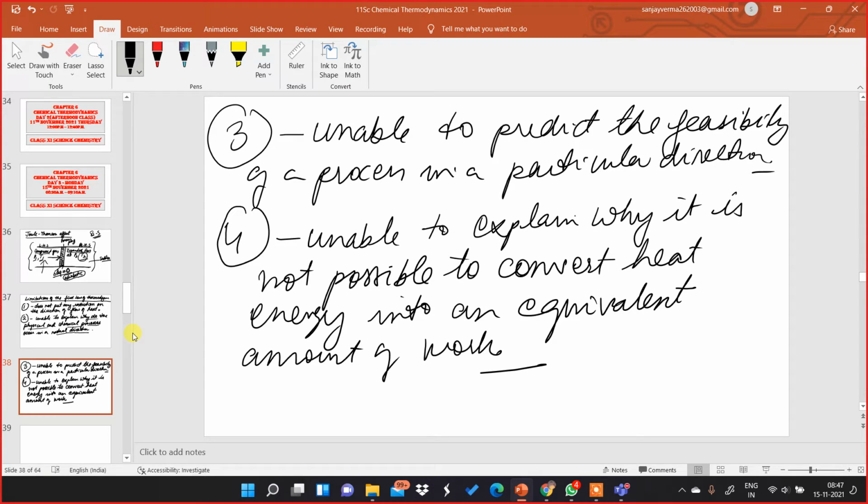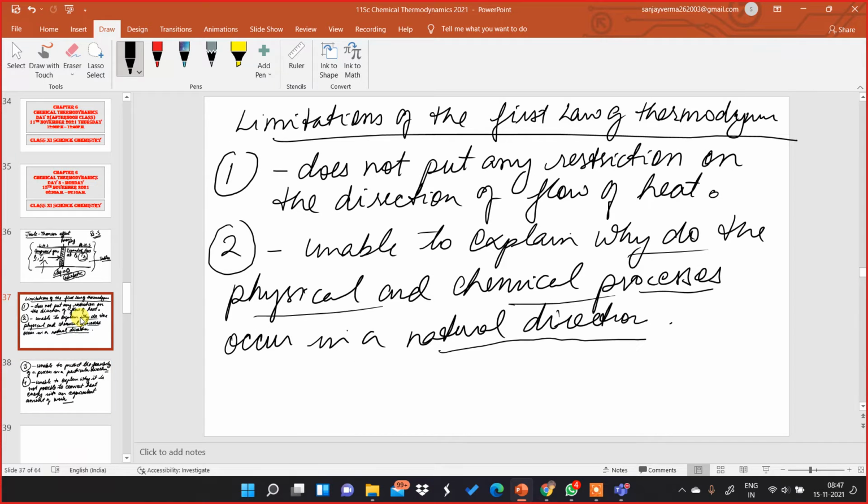Okay, so these are some important limitations of the first law of thermodynamics. I repeat them once more. The first limitation is that the first law does not put any restriction on the direction of flow of heat. From the example of extracting heat from ice, that heat can be used to do some work only when we use it for some external work.